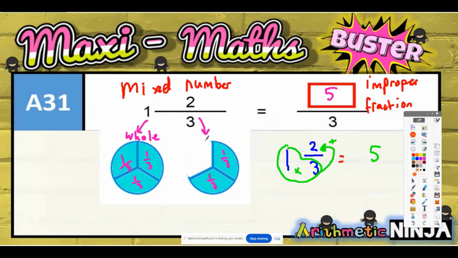And because you're dealing with thirds, you'd be dealing with thirds in the answer, so it'd be 5 thirds. So the denominator doesn't change when you're changing mixed numbers into improper fractions, but the numerator does. So the denominator stays as thirds because we're dealing with thirds, and the numerator is going to be 5. 1 lot of 3 plus an extra 2 is 5.